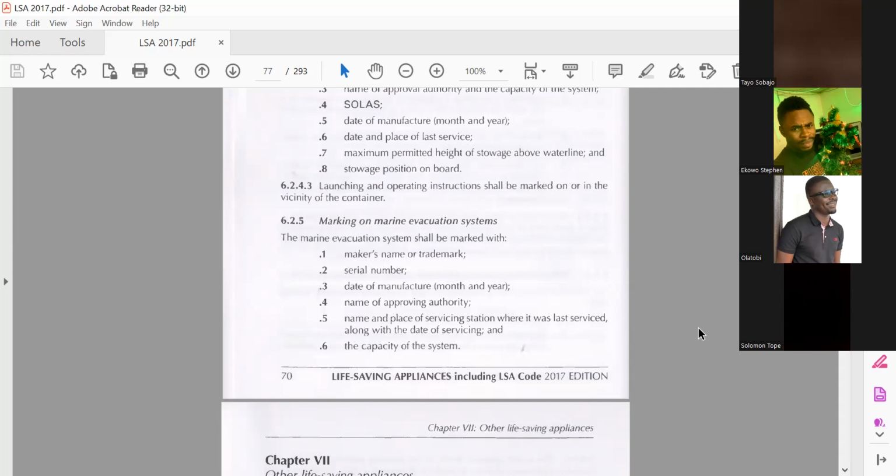Carrying capacity, some will say 20 persons, some will say 30 persons, as the case may be.